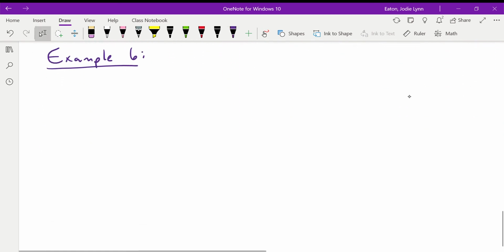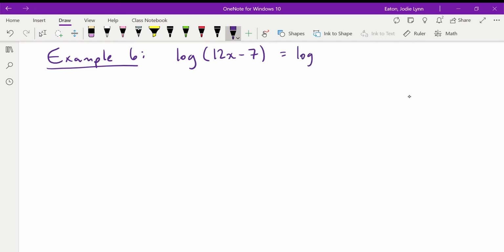So if I have log of 12x minus 7, and the bases do have to be the same here, equal to log of 3x plus 11, I know that 12x minus 7 equals 3x plus 11. Okay? So now I can rearrange.